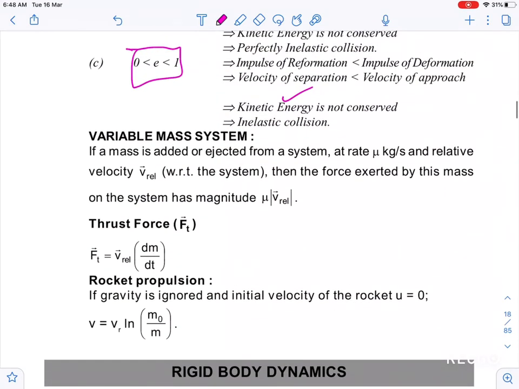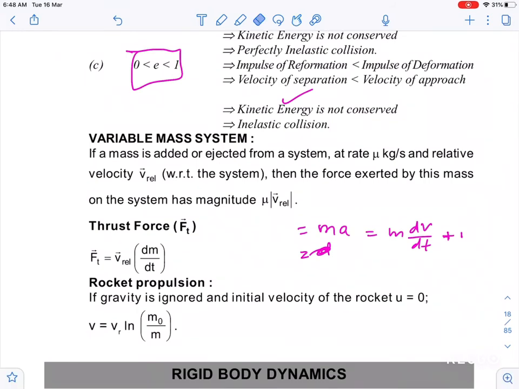Now variable mass system, like rocket propulsion and all these things. F is equal to m into a, but here mass is changing, so I'm writing this differently, because acceleration is dv by dt. When you differentiate, you get m dv by dt plus something.